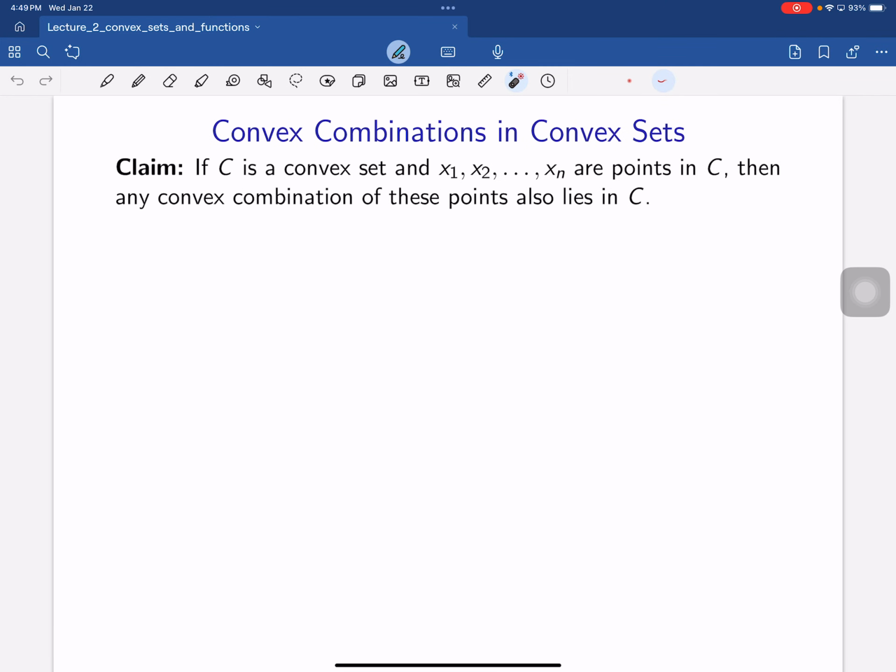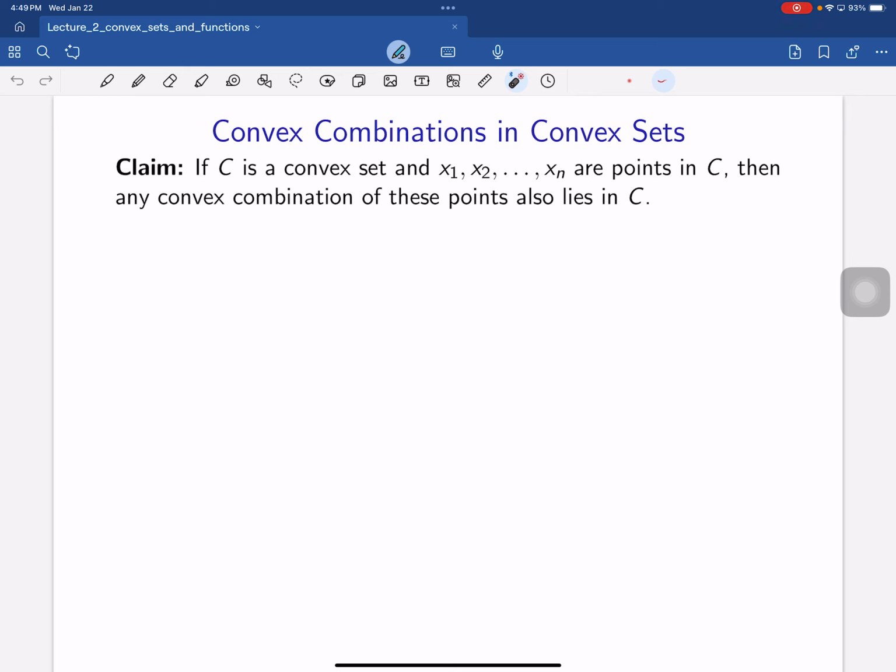Okay. So here, let's consider this particular claim. I said a convex set means if you pick 2 points, their convex combination is in the set, right? That's the definition of a convex set.